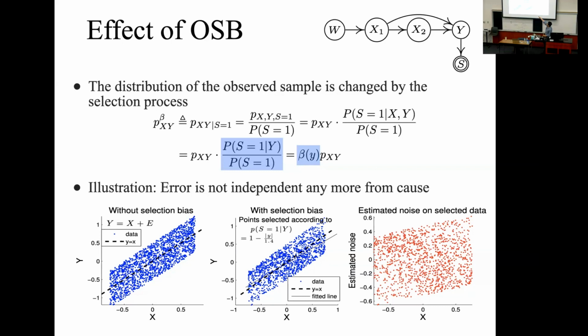Now you can see the new distribution is nothing but the original distribution times a function of Y, because you have selection depending on only Y. It's very simple. If you realize that, you see, oh, I can really figure out the selection bias in the data under some assumptions.